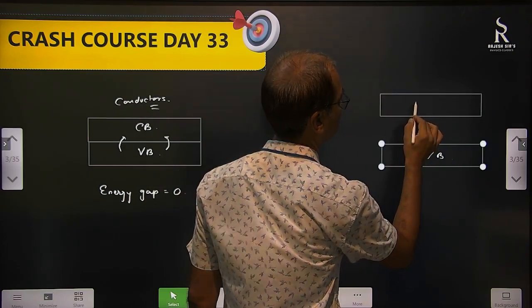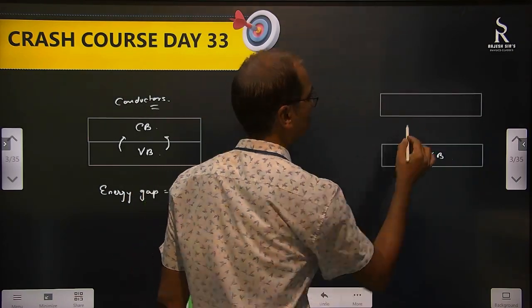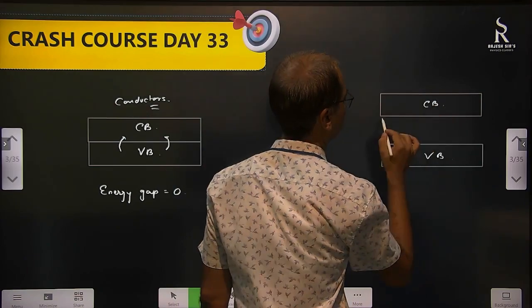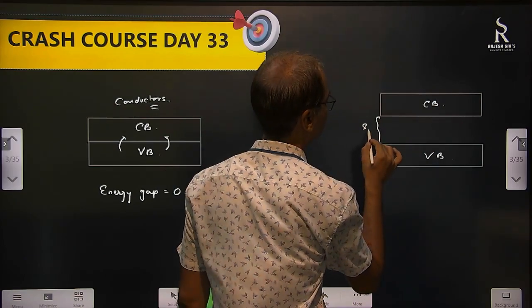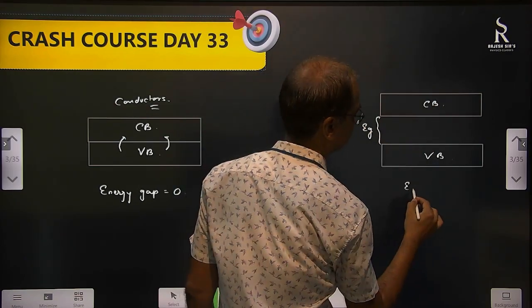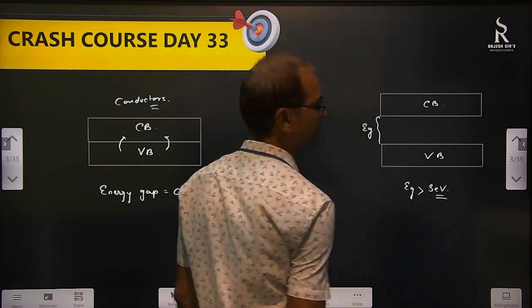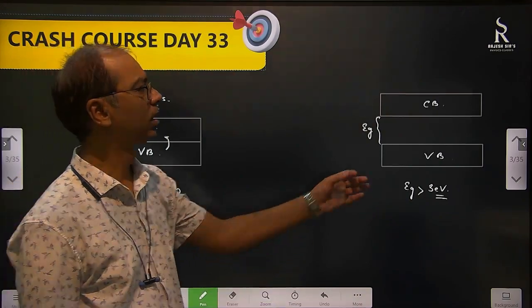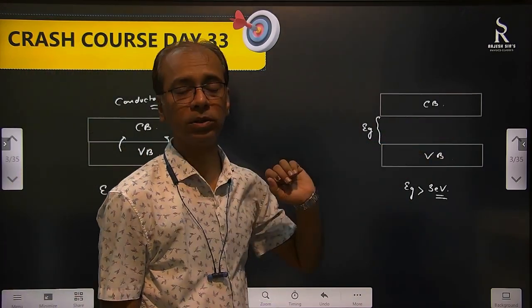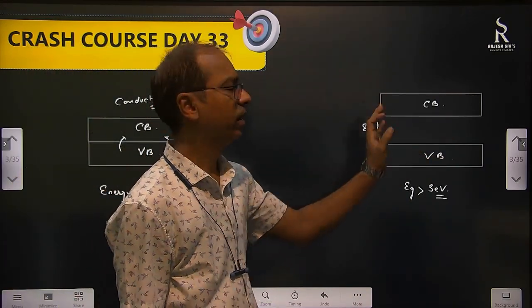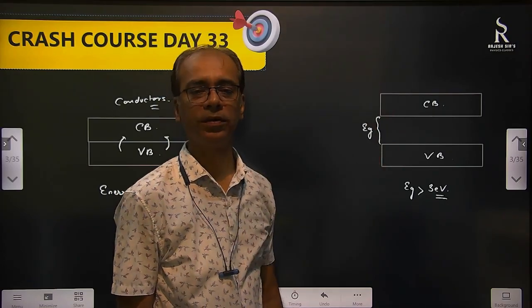This energy gap is very large, more than 3 electron volts, so it is very difficult to send an electron from here to here. It's not that you can't, but it is difficult.